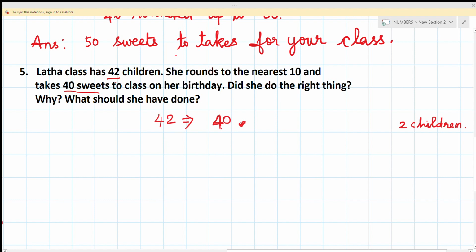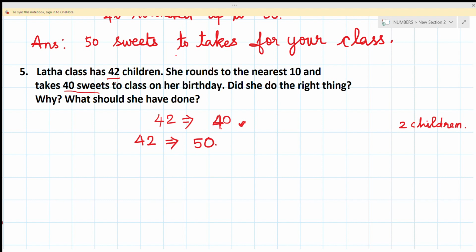If you take a smaller number of chocolates, every child cannot get chocolates, right? So in this case, what we have to do is we should round the number 42 to the number 50. So we should take 50 chocolates to the class. So in this situation, she has to take 50 sweets to her class.